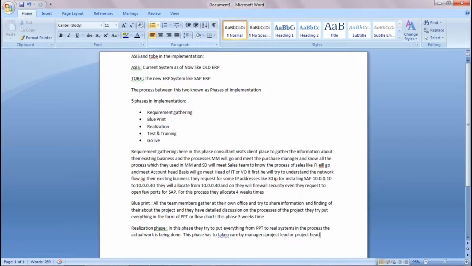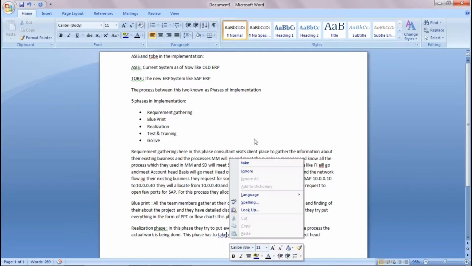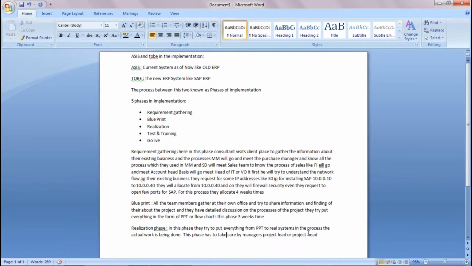Here they have to be very clear, because this is the phase which decides whether things are being implemented and delivered on time or not. This is the phase where real work goes on, and it is led by project managers and project leads who know the projects very well and have already implemented projects in their belt. So here he leads the things like that.